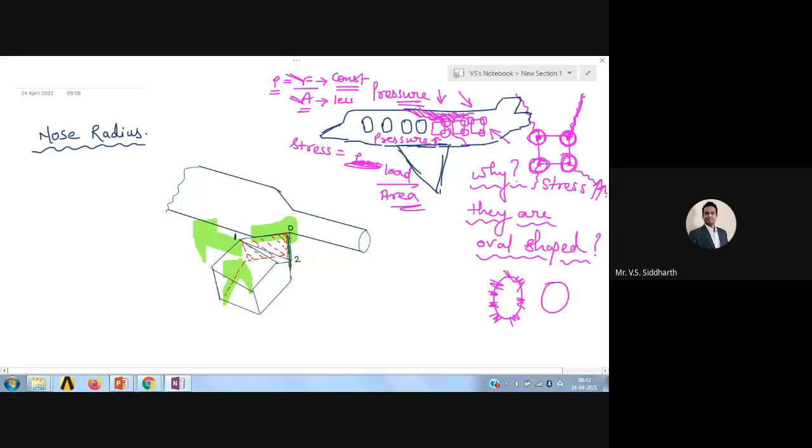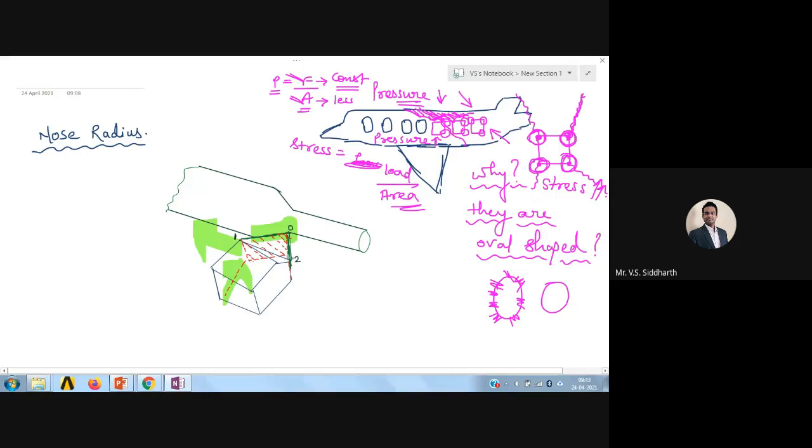When I'm showing it with dotted lines, it means that this is the cutting edge and the surface which is below the cutting edge. It is side flank.